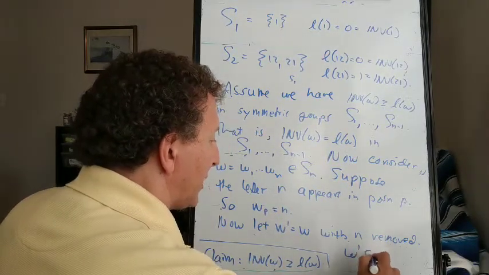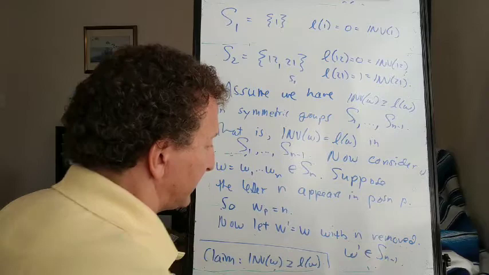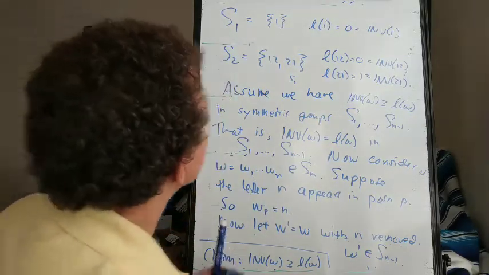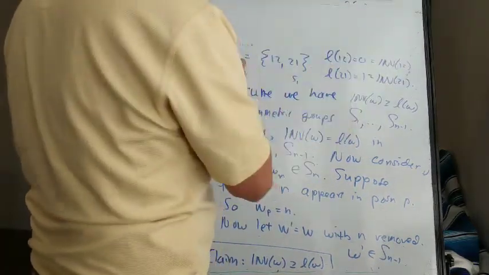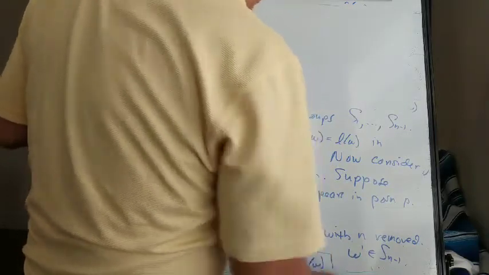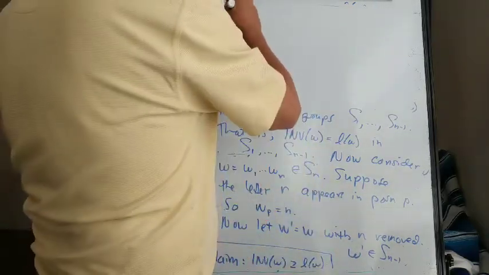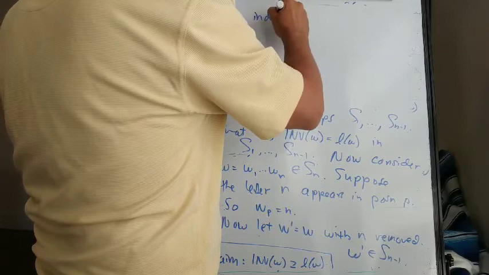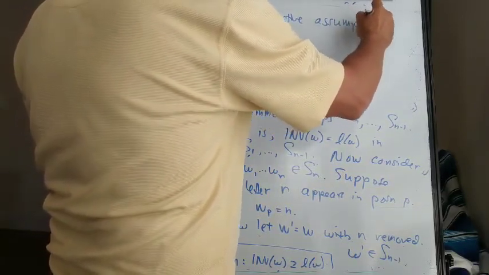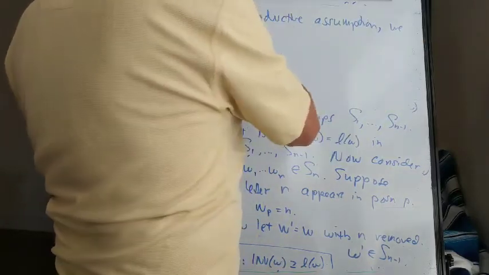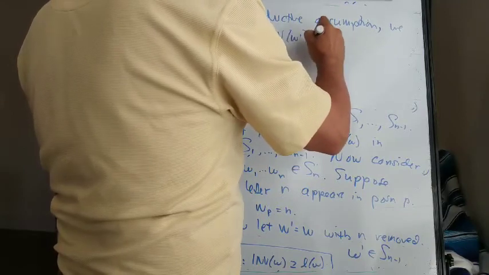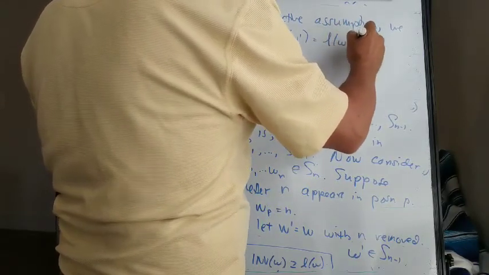So W prime is a permutation in Sn minus 1. So by our inductive assumption, we have number of inversions in W prime equals the length of W prime.